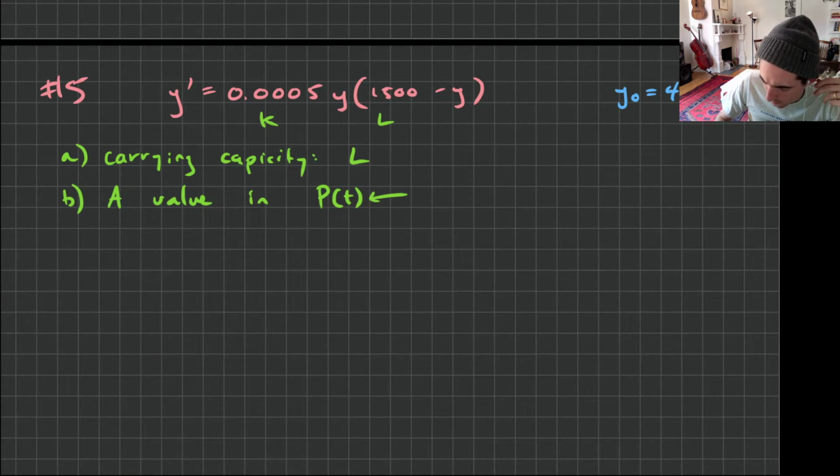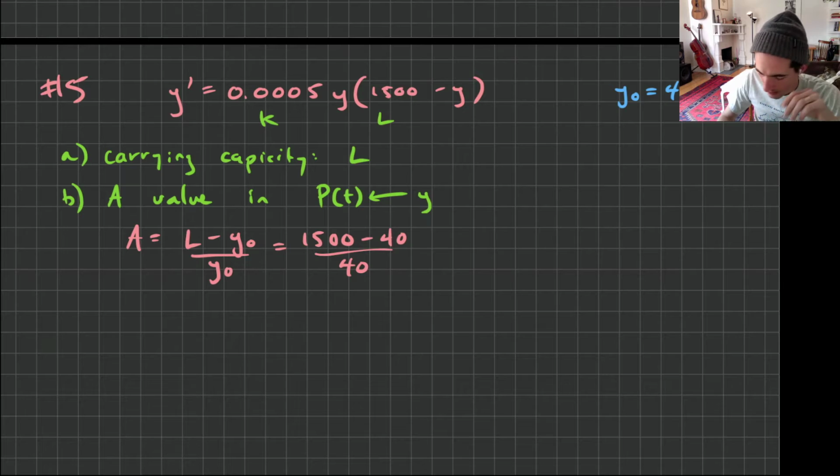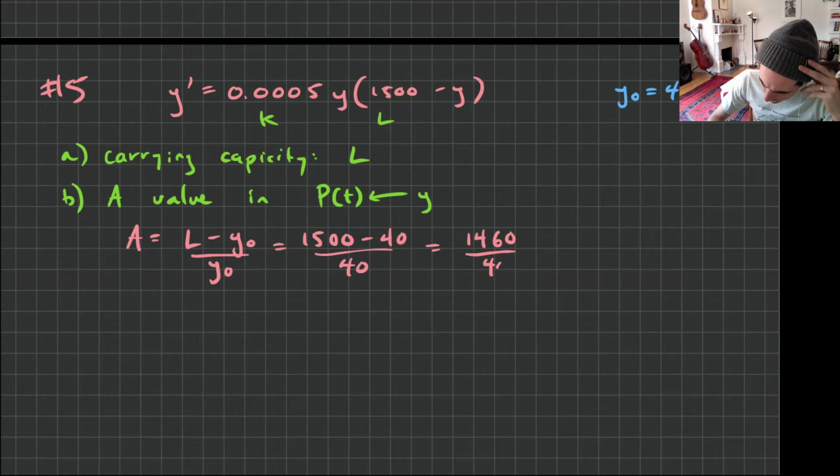And P of T is just what we've been calling y, the population as a function of time. We don't have much to do here except fill out the formula. A is equal to L minus y naught over y naught, which is 1500 minus 40 over 40. That's going to be 1460 over 40. And I did this already ahead of time.